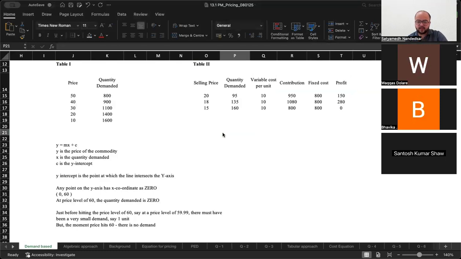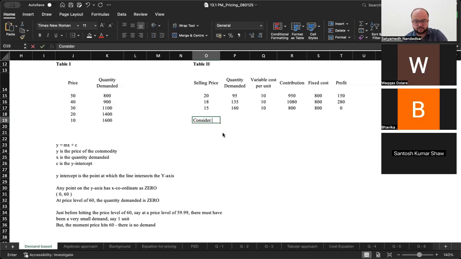Consider the price movement from 15 to 20. Profit goes up by 150.